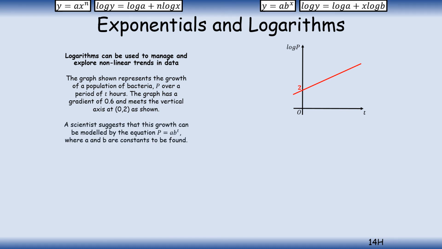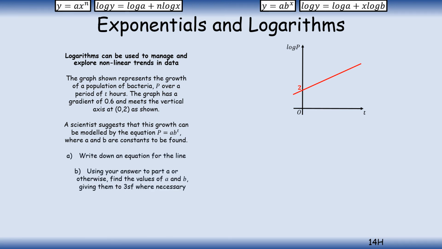Scientists suggest that this growth can be modeled using the equation P equals a b to the power of t, where a and b are constants to be found. We're going to write down the equation of the line, and use our answer to part A, or otherwise, to find the values of a and b to three significant figures, and we want to interpret the meaning of the constant a in this model.